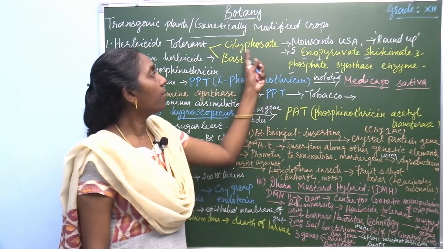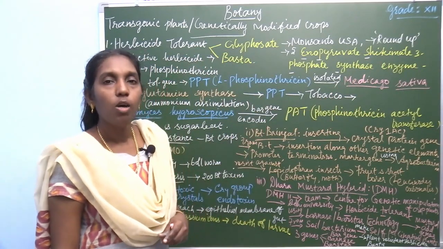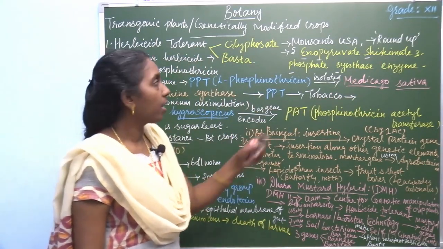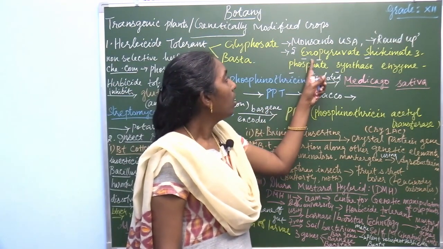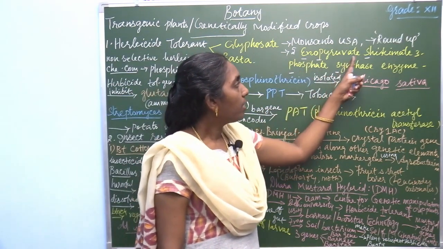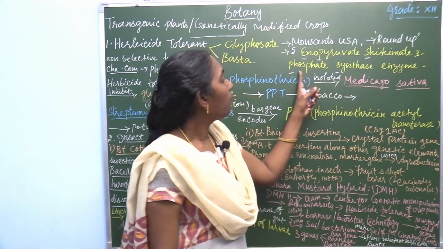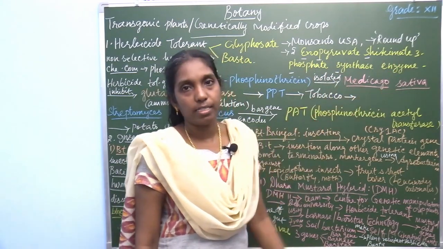This glyphosate herbicide acts on an enzyme called 5-enolpyruvylshikimate-3-phosphate synthase enzyme.